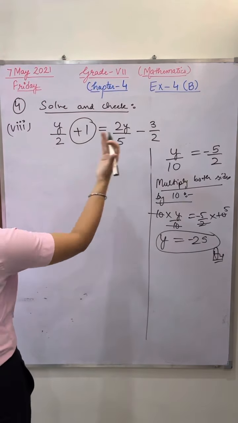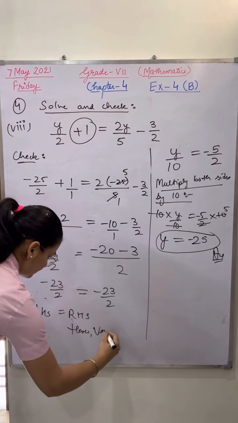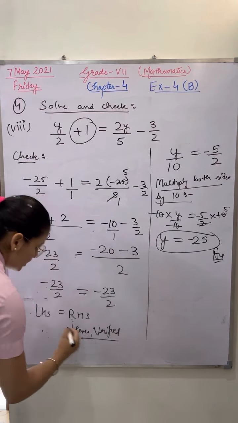Okay, so therefore left hand side is equal to right hand side, and hence verified. If your left hand side and right hand side are equal, that means your answer is absolutely correct. So in this way you have to go through the steps and then put the value in the question and check it.